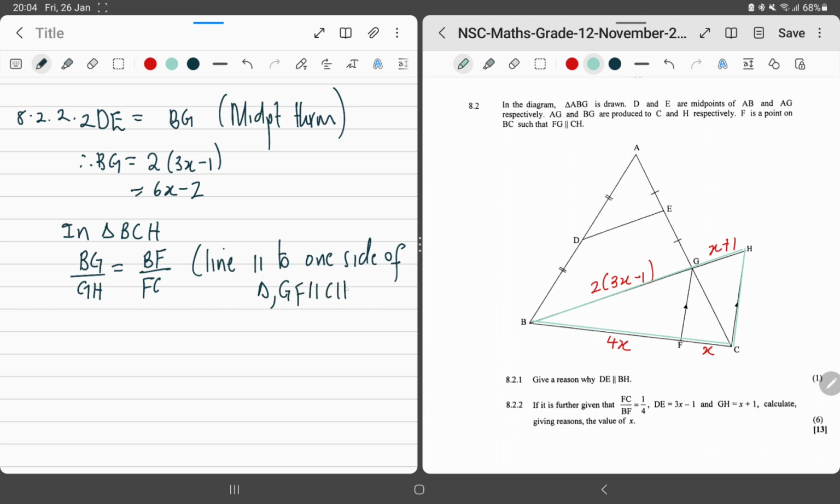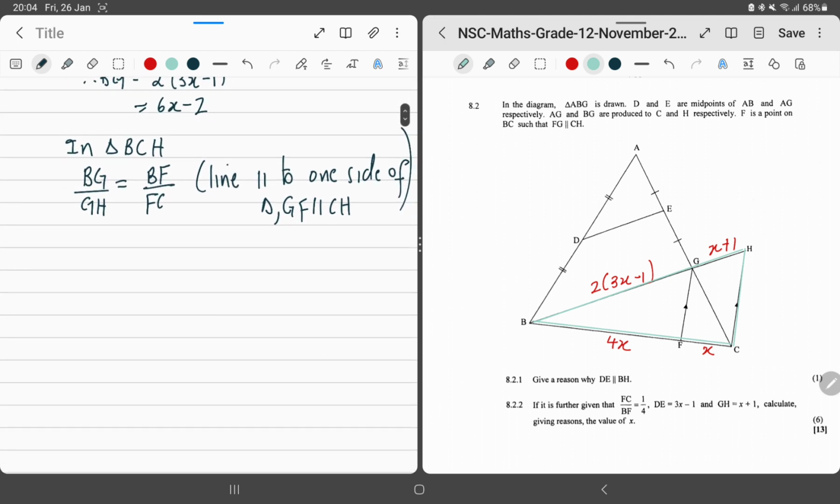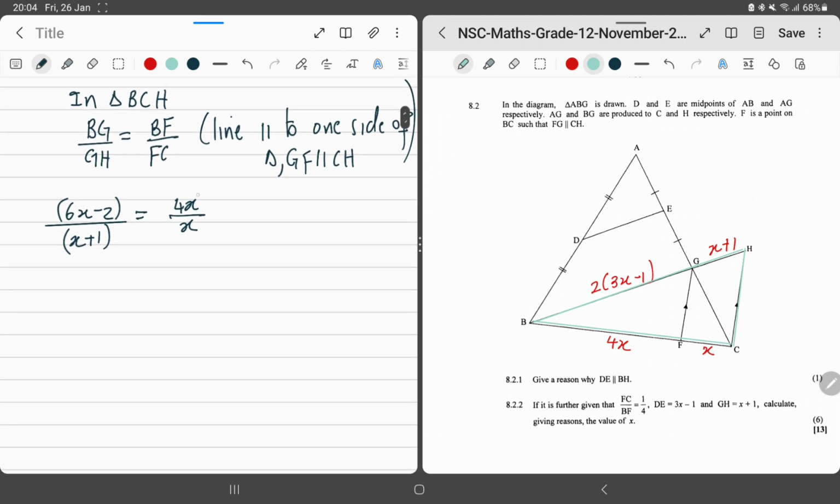GF is parallel to CH. BG is 6x minus 2, and then GH is x plus 1. BF, that's 4x, and then FC, that's just x. This is 6x minus 2, which is equal to 4x plus 4. This is 2x, which is equal to 6. So x is equal to 3.